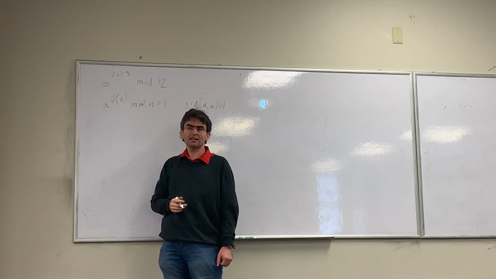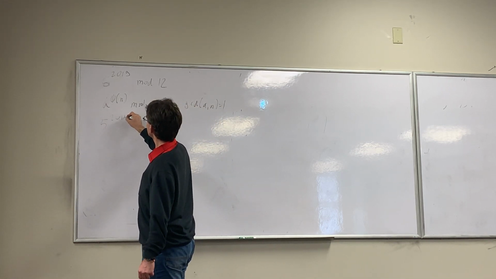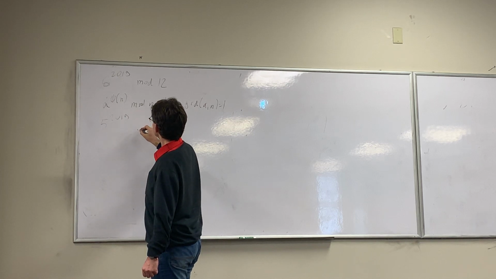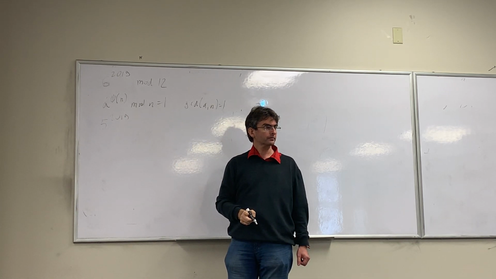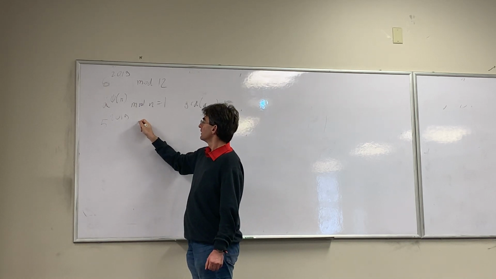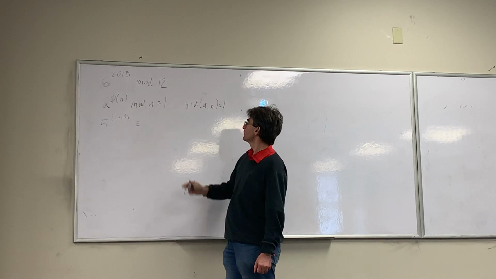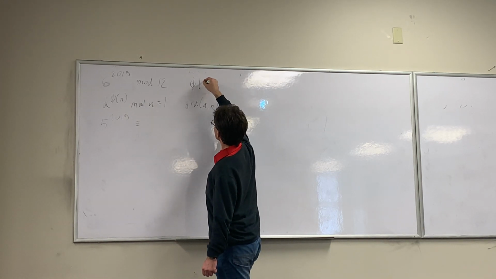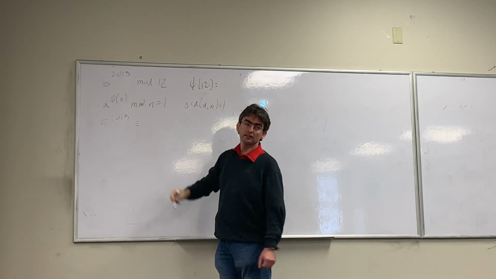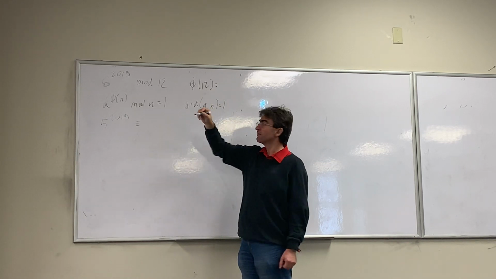So let's take, let's say, 5 to the power 2019, and let's compute this mod 12. To be able to compute this, we are going to first compute Euler totient of 12, for which we decompose 12 into prime factors.